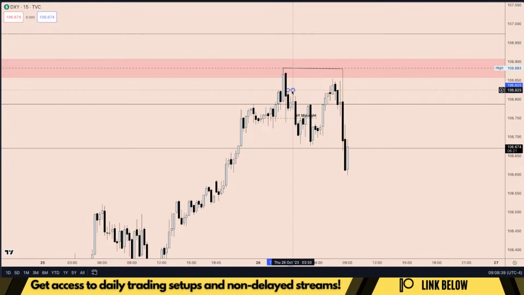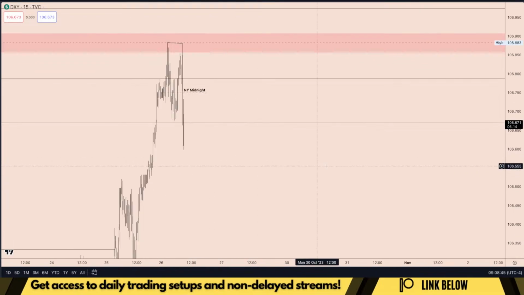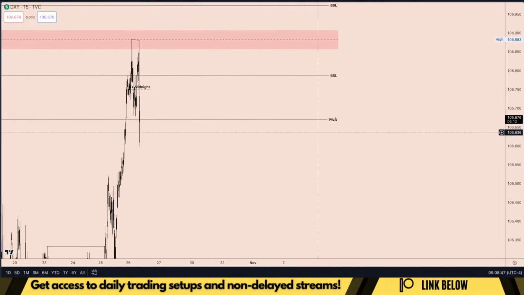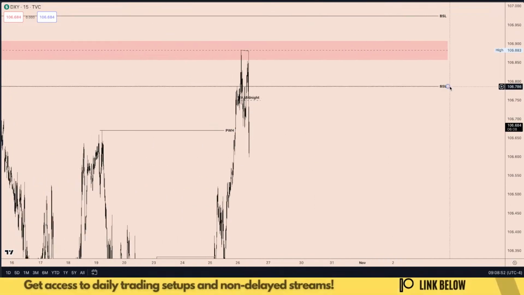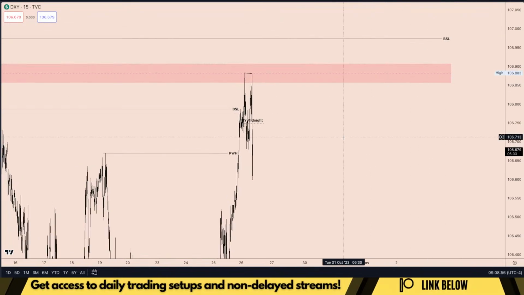So old London session. New York midnight. It's our previous week's high. That's our buy side liquidity. We have more buy side above here.